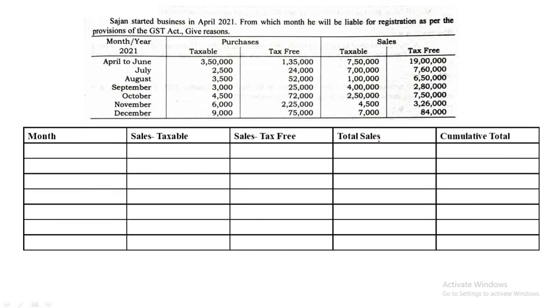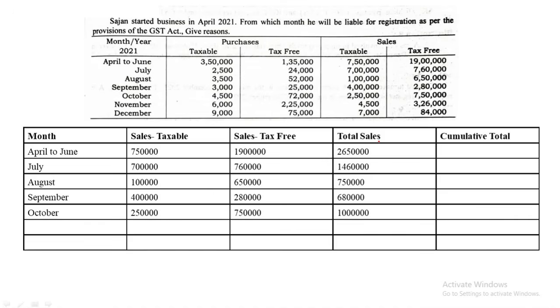So for the months of April to June, your taxable sale was 7.5 lakh and tax-free 19 lakhs, which comes to a total of 26 lakh 50,000. For the month of July, it was 7 lakh and 7 lakh 60,000, so total 14 lakh 60,000. For the next, it was 1 lakh and 6 lakh 50,000, so it became 7 lakh 50,000. For the next, it was 4 lakhs and 2 lakh 80,000, so it came to 6 lakh 80,000.